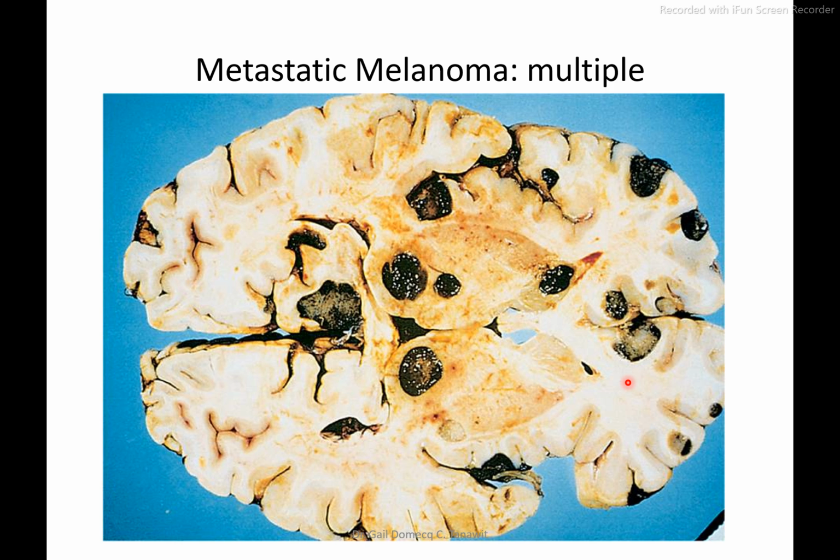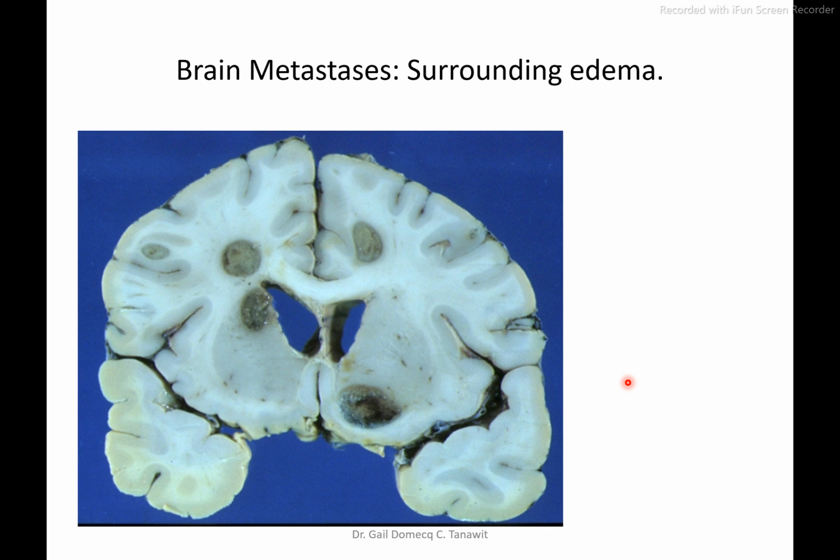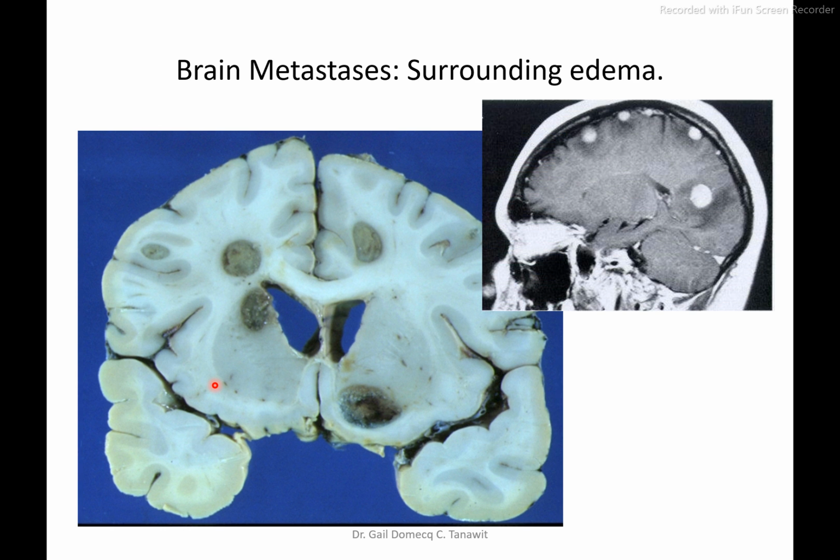Most likely, if it's a multifocal lesion, then we think of a metastatic lesion. If it's a primary brain tumor, usually it's solitary, only one. There would be a surrounding edema here. On scan, it would look like this.